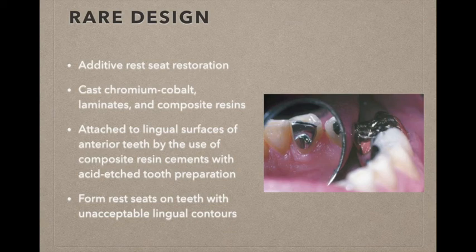This is very good for forming the rest seat on a tooth with unacceptable lingual contour. However, because these are additional restorations, the cost and the treatment time will be higher than the regular rest seat preparation.